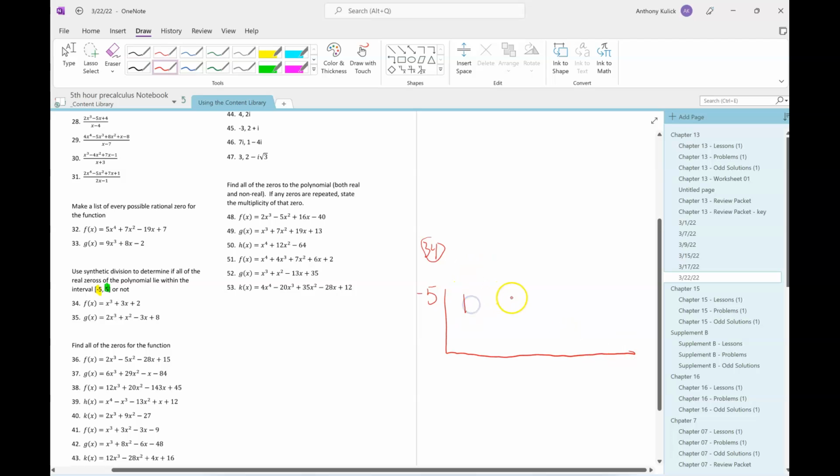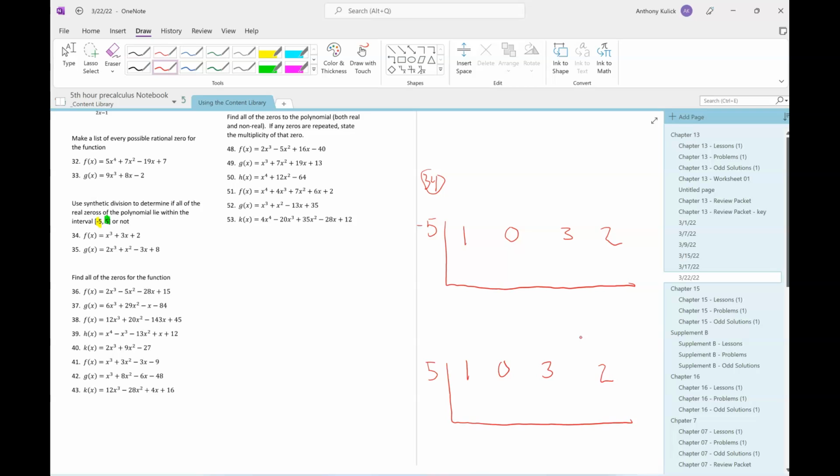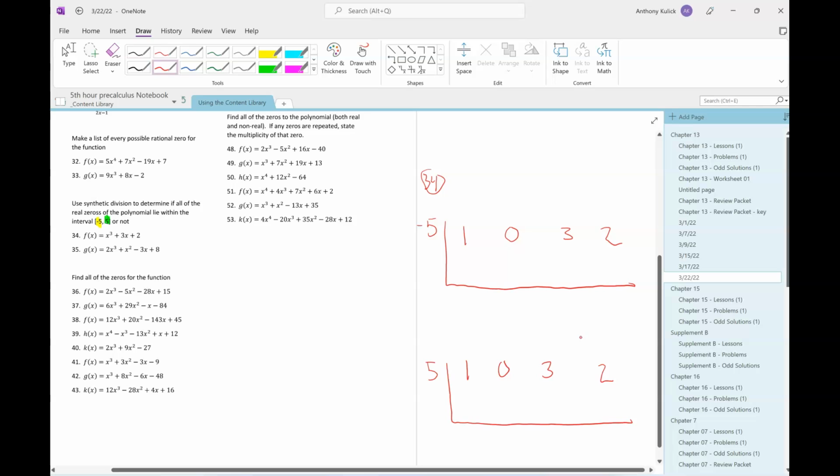And I'm going to be doing that synthetic division on the polynomial in question. Why am I putting this extra 0 in here? Great, because I'm skipping the x squared term, so I have to put a 0 in there as a placeholder. All right, so this is my setup.